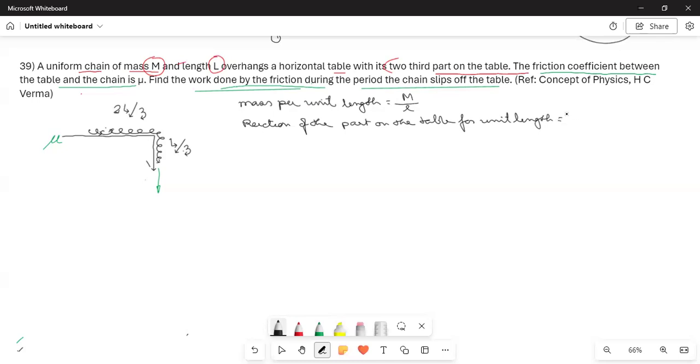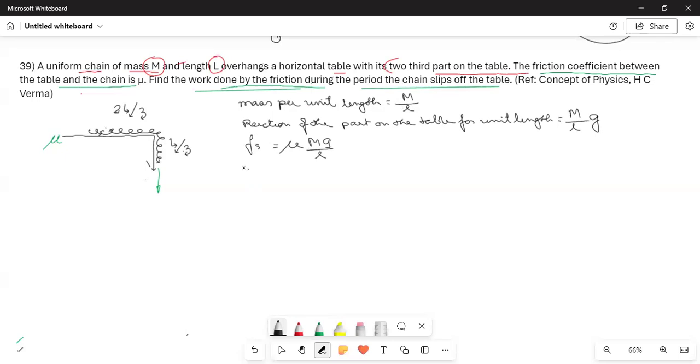It is M by L multiplied by G. And therefore, the frictional force Fs is equal to mu M G by L, right?